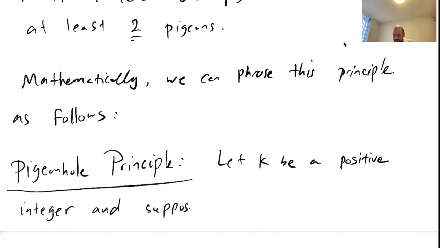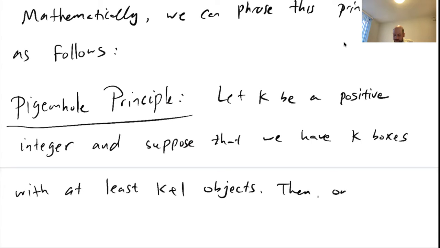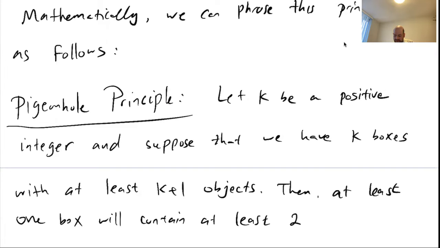And suppose that we have k boxes with at least k plus 1 objects, then at least one box will contain at least 2 objects.